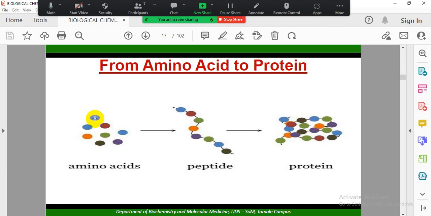Okay. So we have how many amino acids here? 1, 2, 3, 4, 5, 6, 7, 8 amino acids. So these amino acids will be joined together in a long chain to form what? A peptide. So a peptide is what? A protein that contains more than one amino acid.